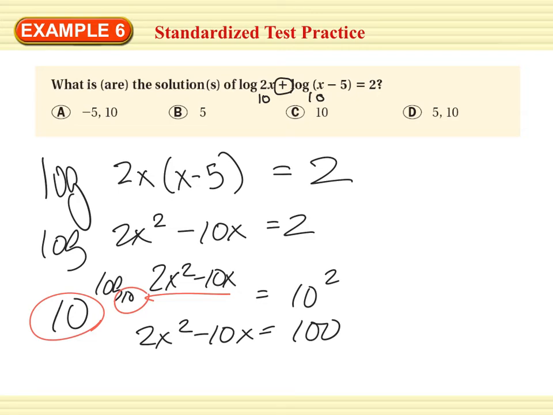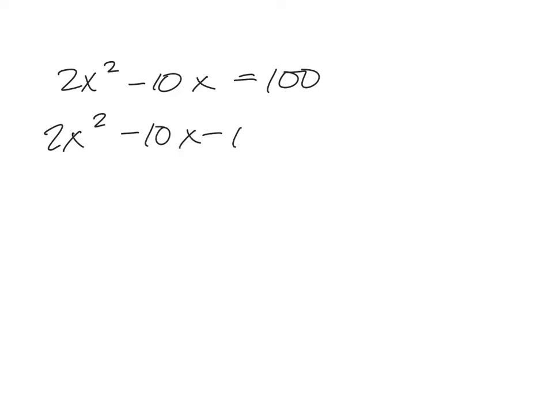Okay, now I'm going to use a new page and move on. And this is what I'm going to write down. So 2x squared minus 10x equals 100 is where we are. Bring 100 to the left by subtracting it from both sides.